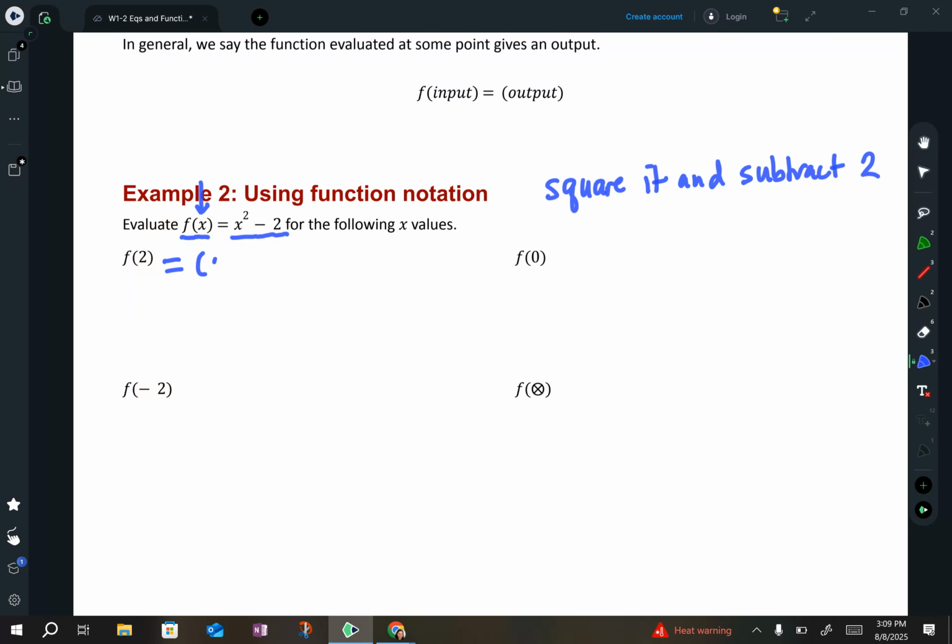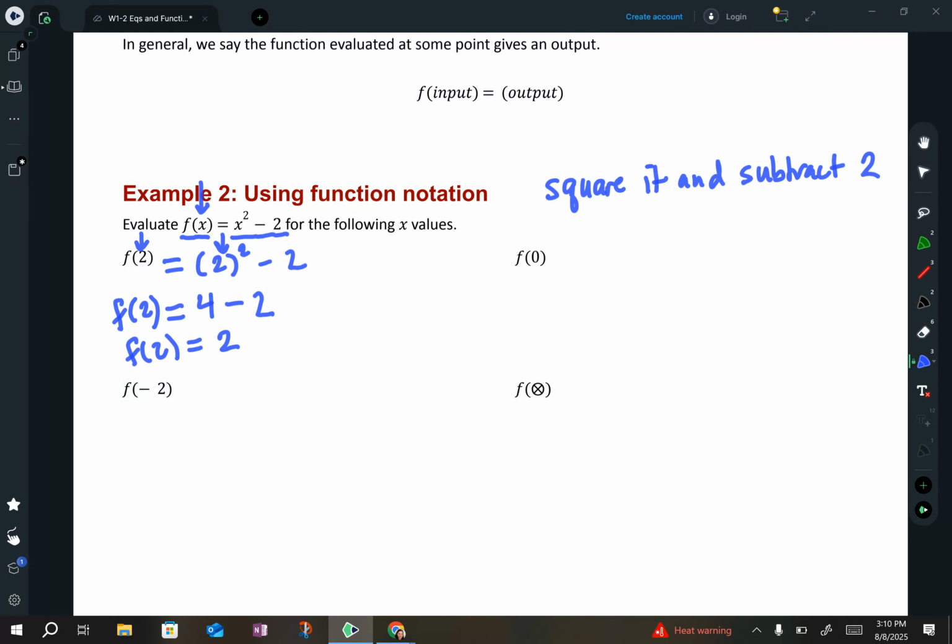So f of 2 is 2 squared minus 2. Where I saw the x, I put the 2. So this was my input of x, and everywhere I saw the x, I put 2. And now I just follow my order of operations, my PEMDAS, and I can simplify this value. So f of 2 equals, well, there's a square and a subtract, so I'm going to do the exponent first. 2 squared is 4. So f of 2 equals 4 minus 2, which is 2.